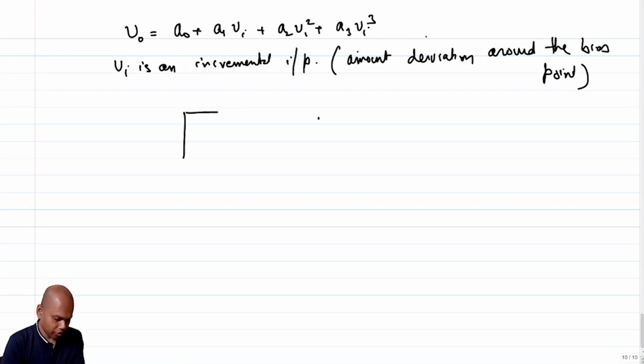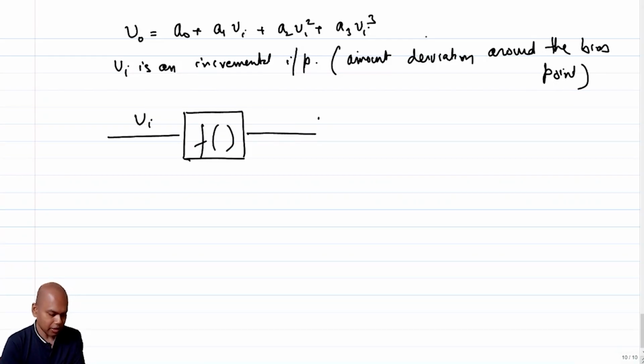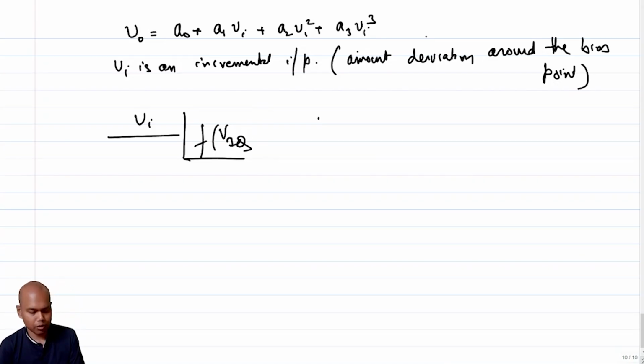So you have a nonlinear function or a nonlinear block, you have an input, but I understand that this nonlinear block is biased around some quiescent point, right? Let's say I call this quiescent point VQ or VIQ with respect to the input quiescent point, and on top of that, I am applying an input which is Vi.